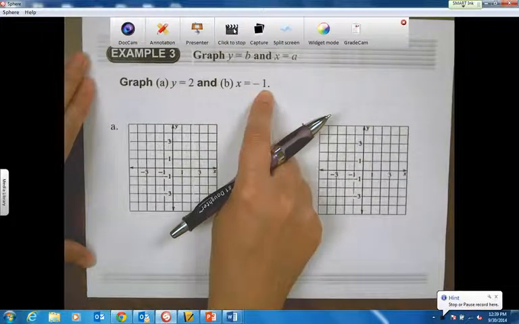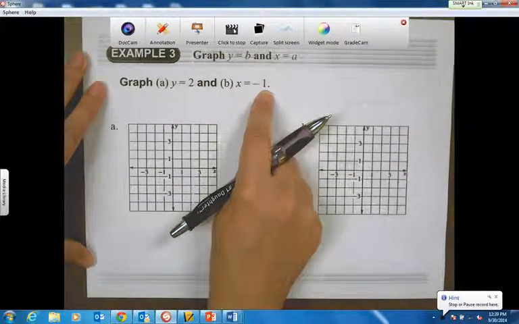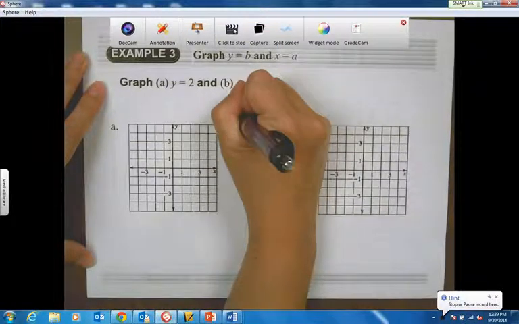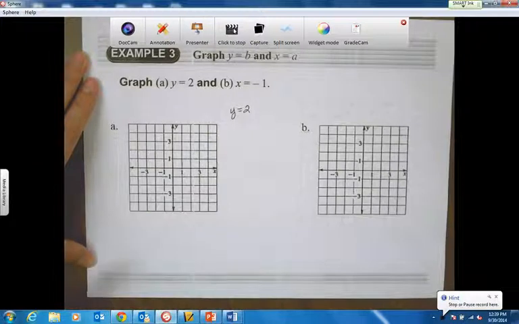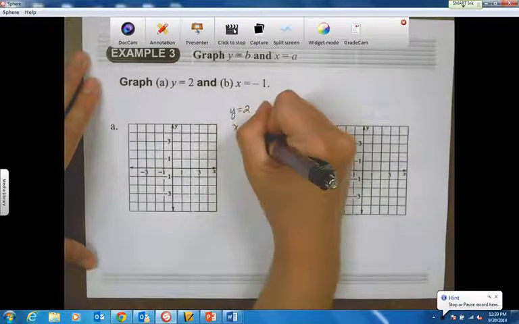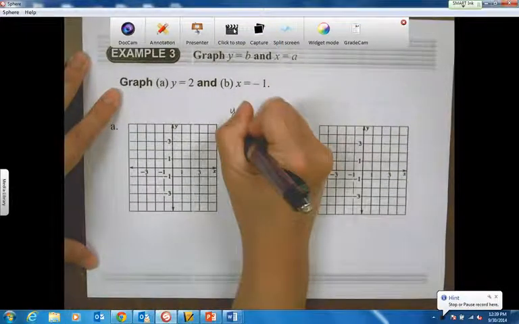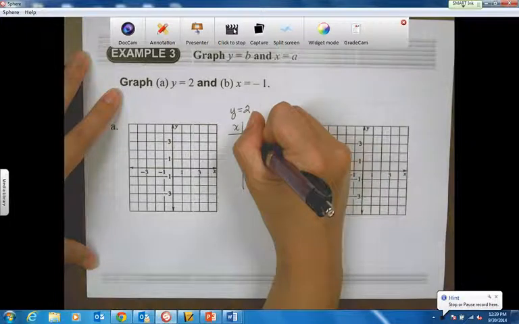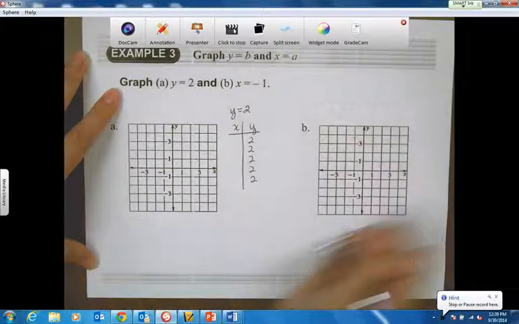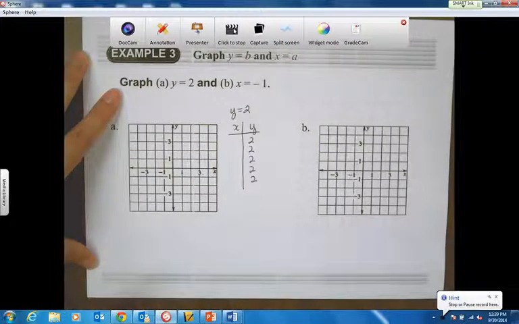All right, so when it says y equals 2, I want you to imagine that you have a table, and what that means is every single y value is 2. So everything, 2, 2, 2, 2, y never changes. Y is always 2. Okay, now you have to put in your own x values now, and what x values did I say were good? -2, 3, 2. Yes.